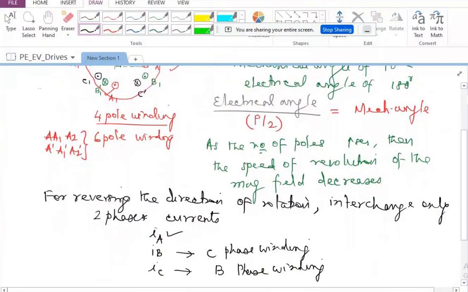IC can be retained in the same way, whereas IB should be given to A phase winding and IA should be given to B phase winding. That can also happen. So one phase has to be retained as it is, and the other two phases are to be interchanged with each other.